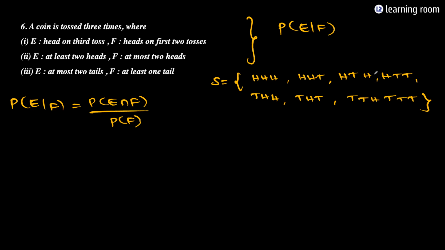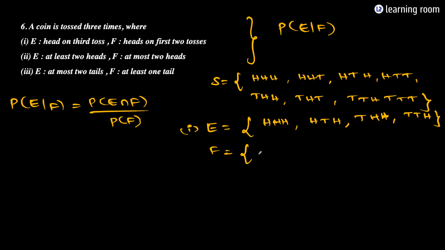Tell me how to proceed. E is head on the third toss. So what is the event E? Head, head, head; head, tail, head; tail, head, head; and tail, tail, head. 2 power 3 is 8. So what is the probability?